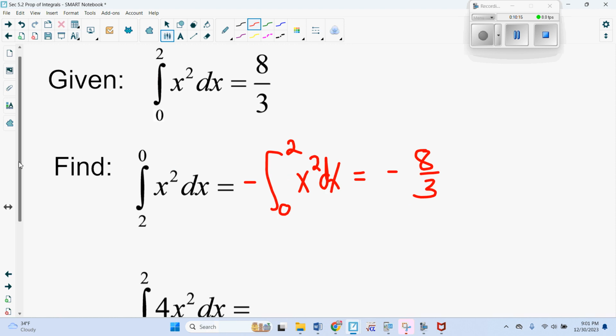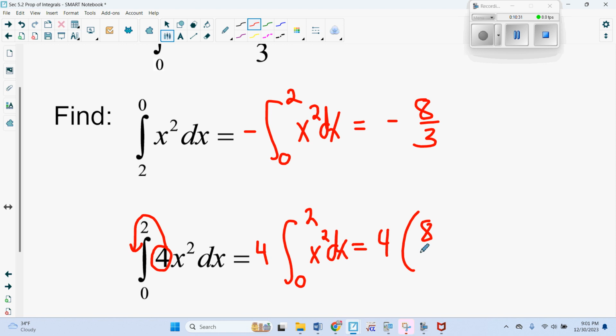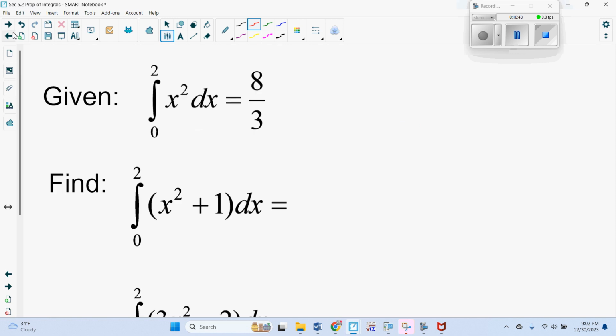If I have the integral from 0 to 2 of 4x squared, this 4 is a constant multiple, so I can pull that out in front and do 0 to 2 x squared dx. That's 4 times 8/3, which would give me 32/3.